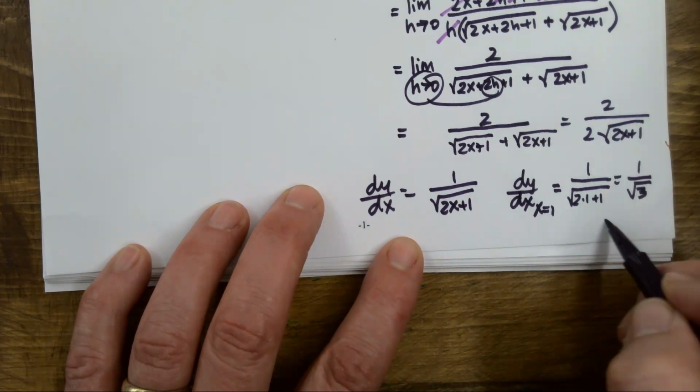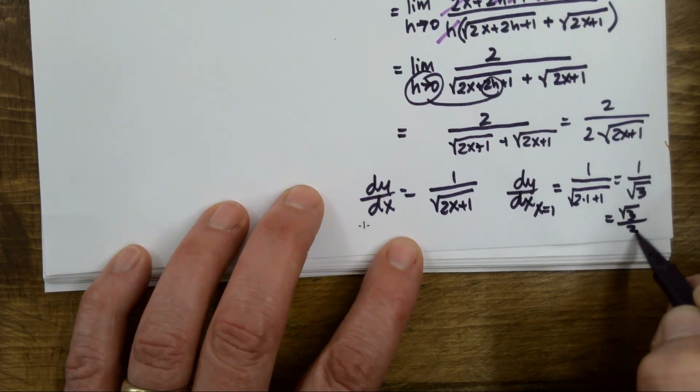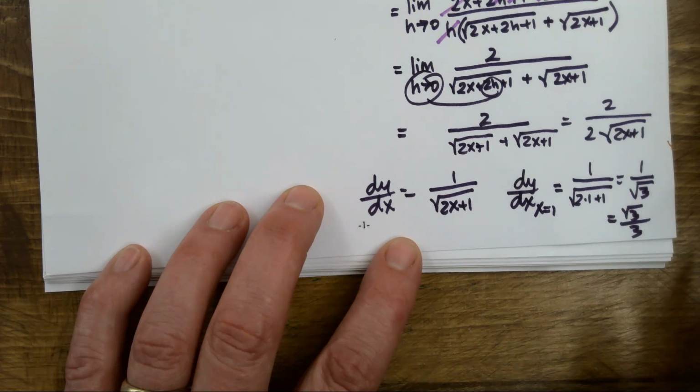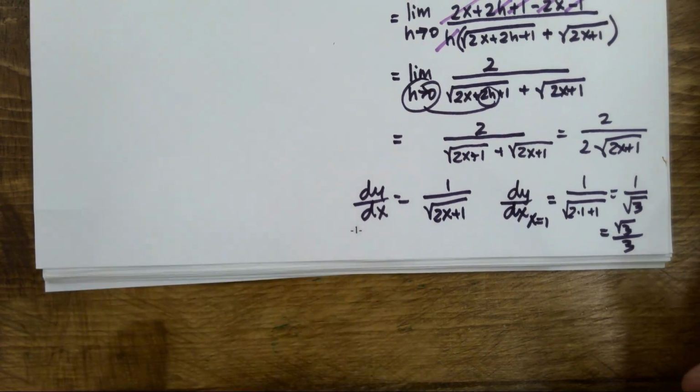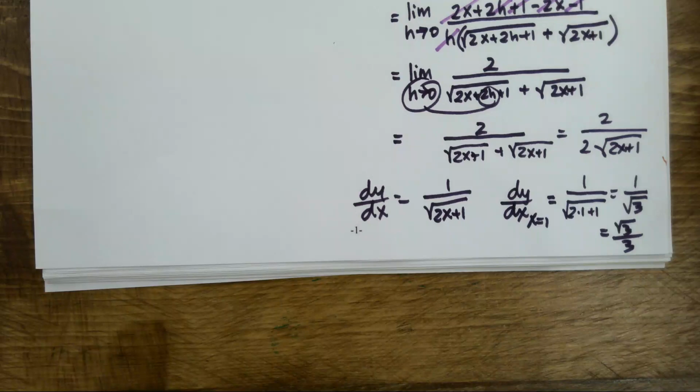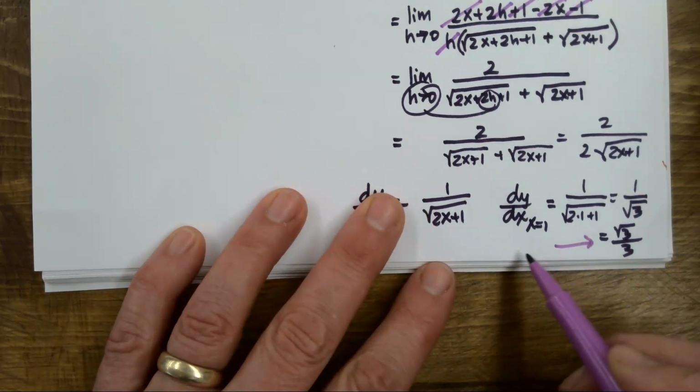Or better than that, the square root of 3 over 3, when I rationalize the denominator. So again, that is my slope.